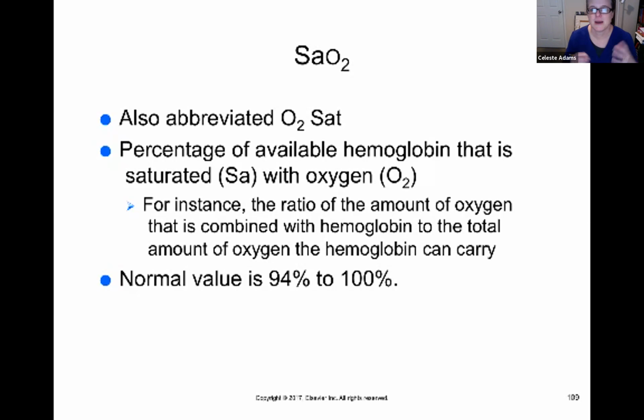So it's the amount of oxygen that combines with the hemoglobin portion of the blood, to the total that the hemoglobin has the ability to carry. It's that ratio.